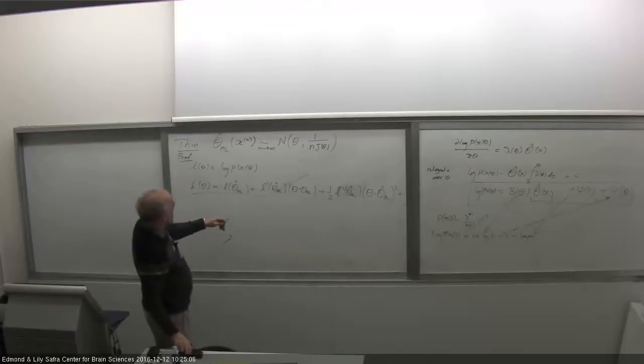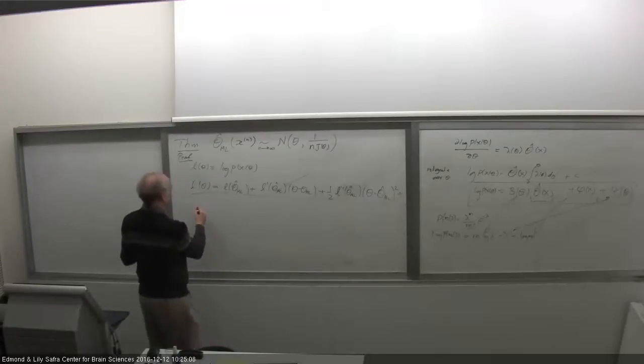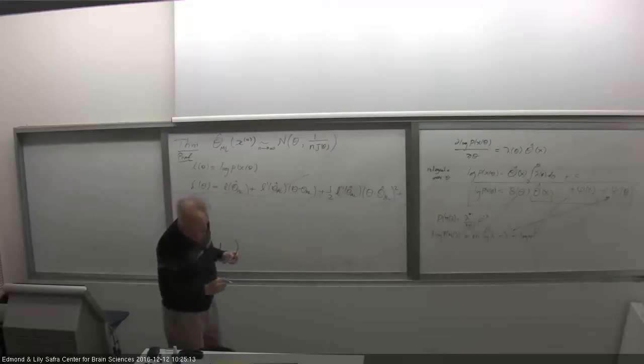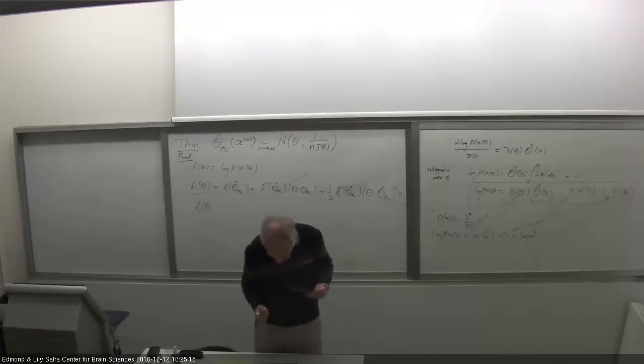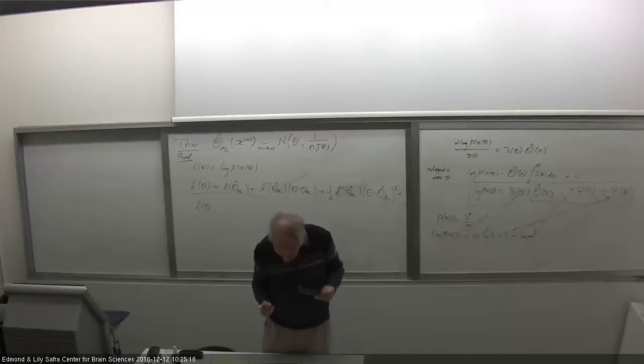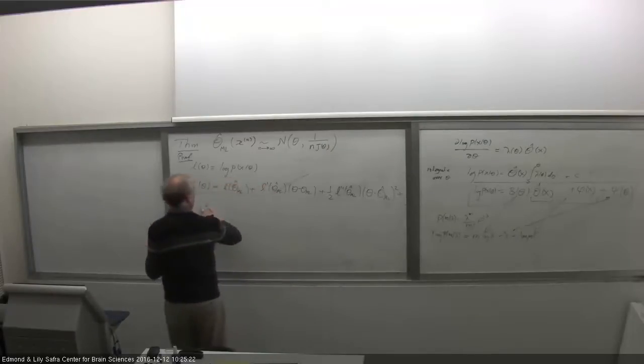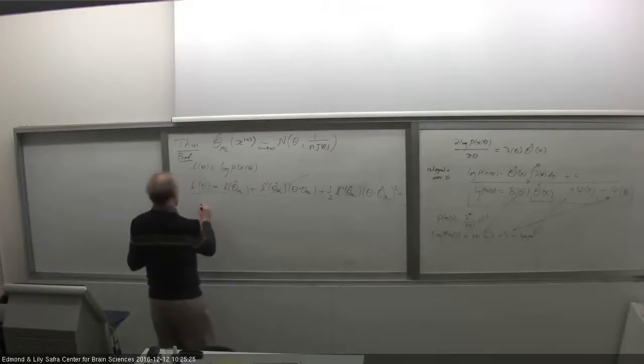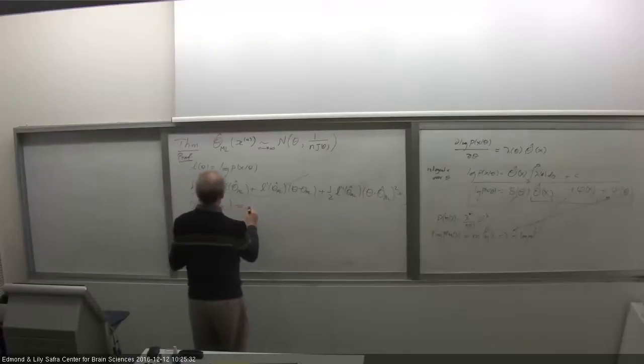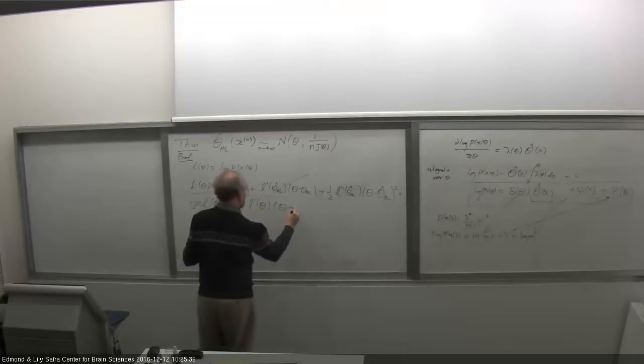So I get from here that l prime of theta ml was 0, but it's also l prime of theta times theta minus theta ml.